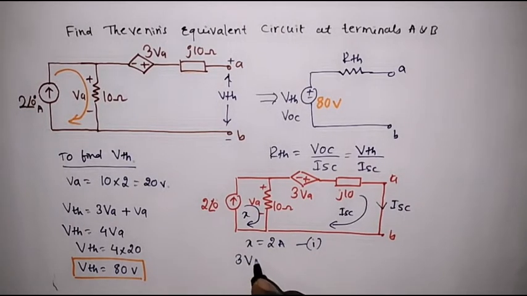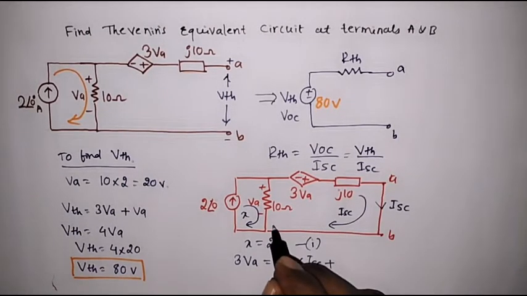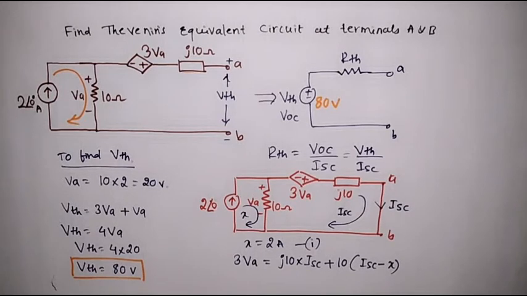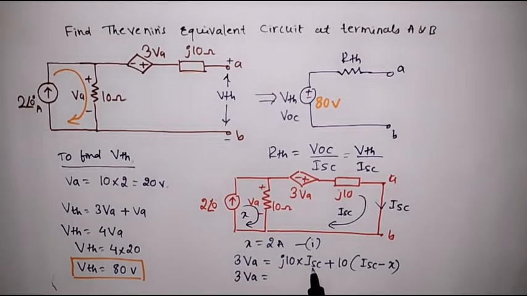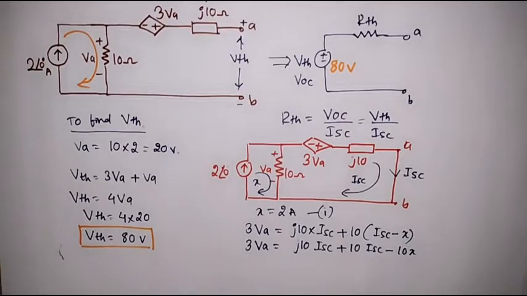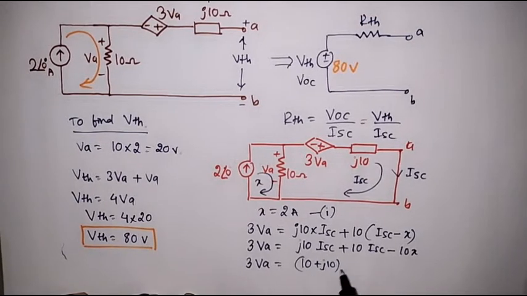That is, 3VA is equal to the voltage across J10, which is J10 into ISC, plus the current through the 10 ohm resistor, that is 10 into ISC minus X. I'll simplify this. 3VA is equal to J10 ISC plus 10 ISC minus 10X, that is 10 plus J10 times ISC minus 10X.